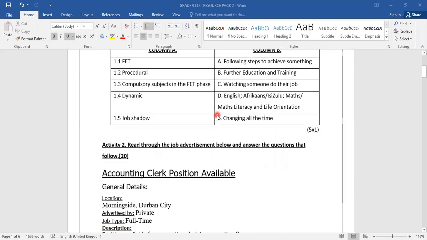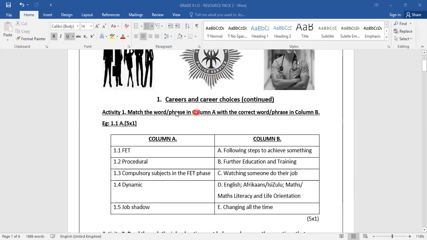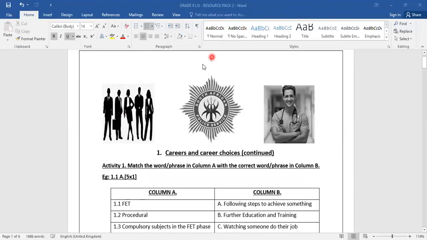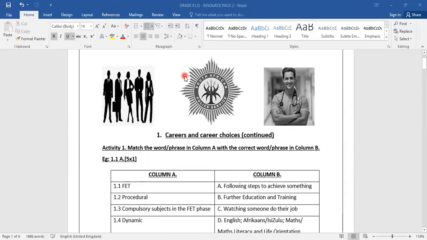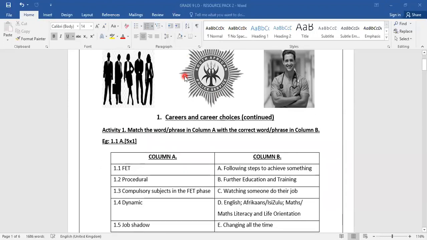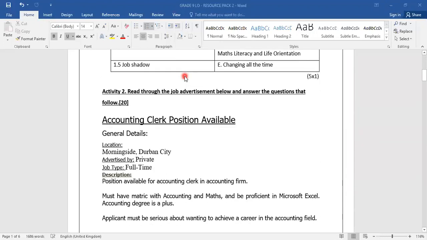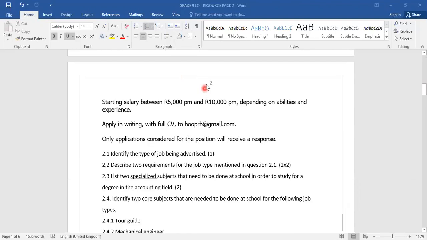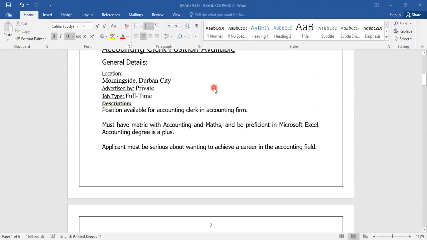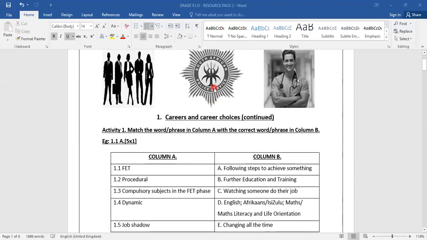Now, boys and girls, in the previous lesson, you were required to complete activity 1 found on page 1 of your life orientation resource booklet number 2, as well as page 2 of your life orientation resource booklet number 2. And you're required to complete activity 1 and activity 2.